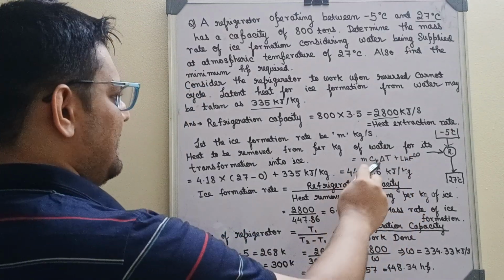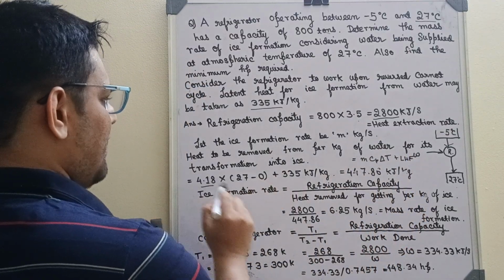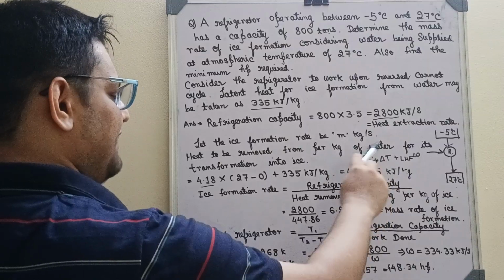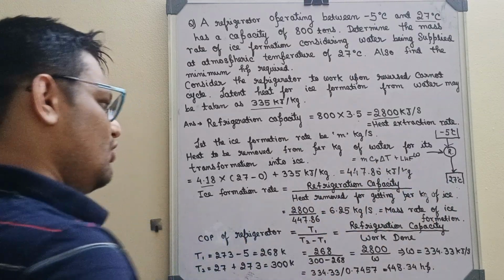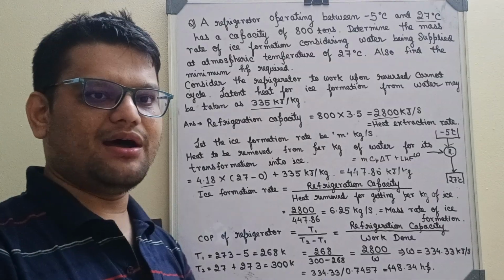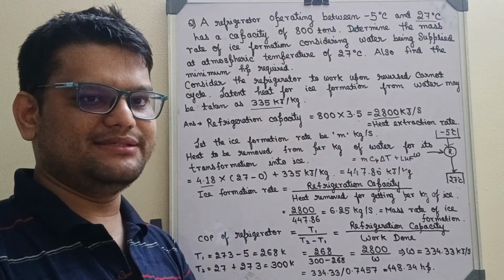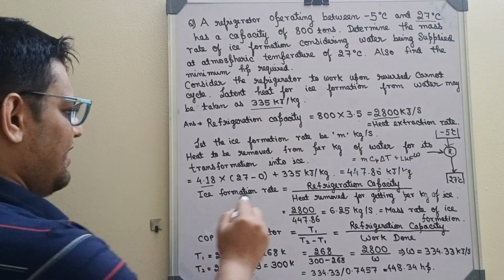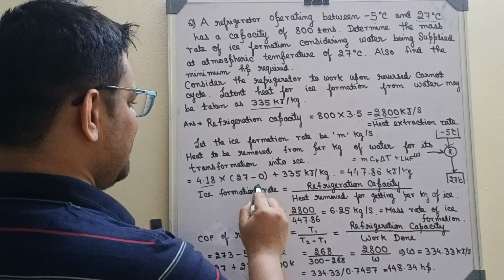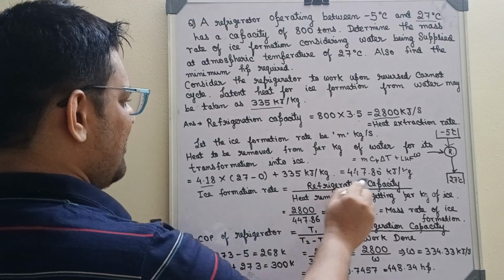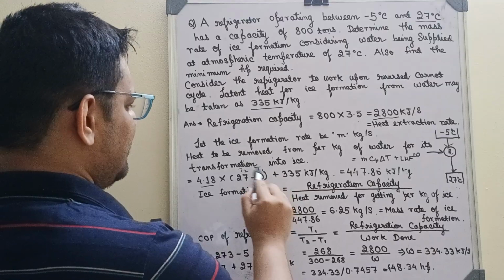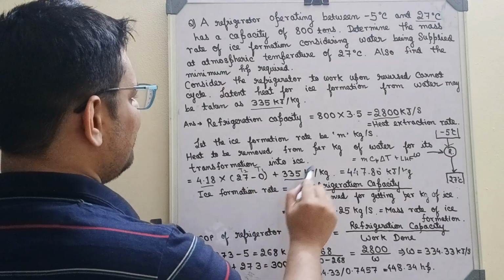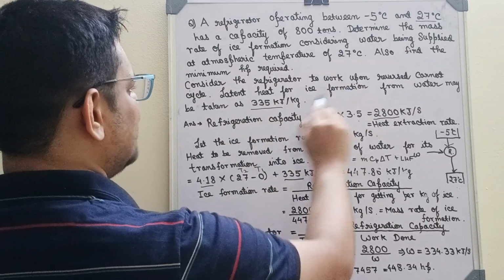So m Cp del T, where Cp is 4.18, and the difference of the temperature del T is 27 degrees Celsius. We know that at 0 degrees Celsius the water can condense into ice. So we are taking del T as T2 minus T1, with T2 as 27 degrees and T1 as 0 degrees Celsius, plus 335 kilojoule, the latent heat for the ice formation.